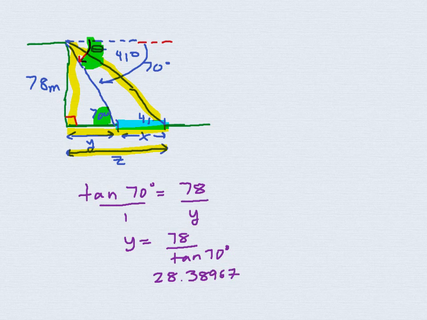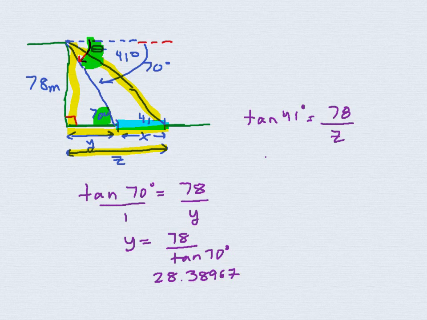Now to solve for z, which is the distance from the far side of the bank way back to the edge of the cliff, you're still using the tangent ratio, but we're using 41 degrees, and we're going to use the opposite of 78 divided by the unknown adjacent side, which we're going to call z.